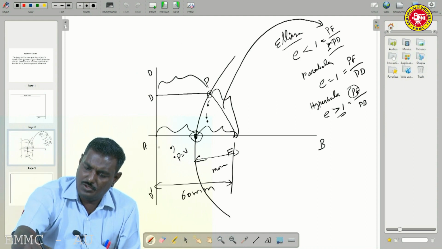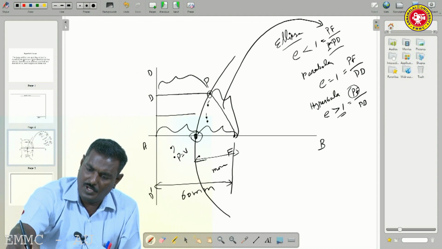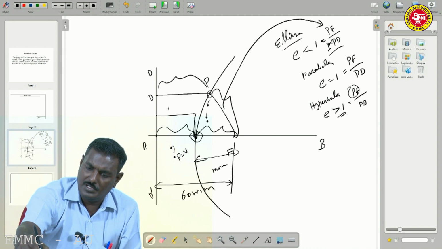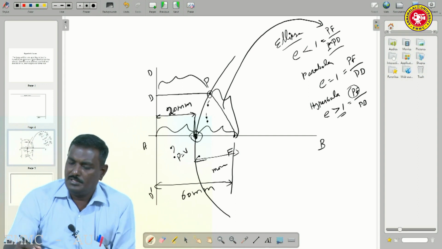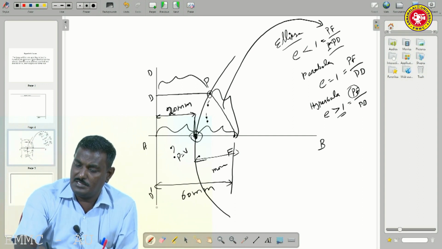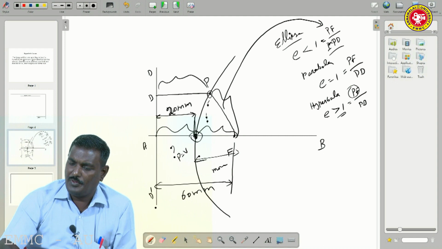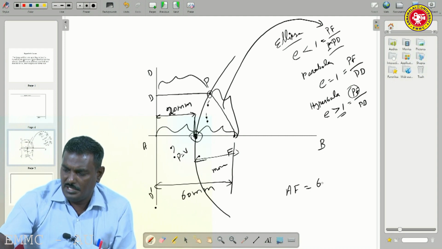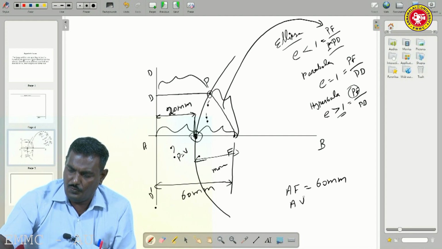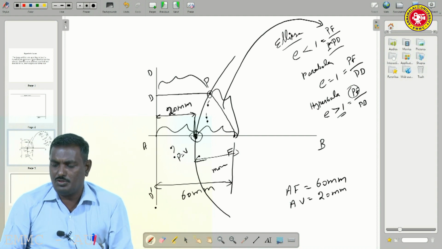Here the total distance from A to F is given as 60 mm, and A to V is given as 20 mm.